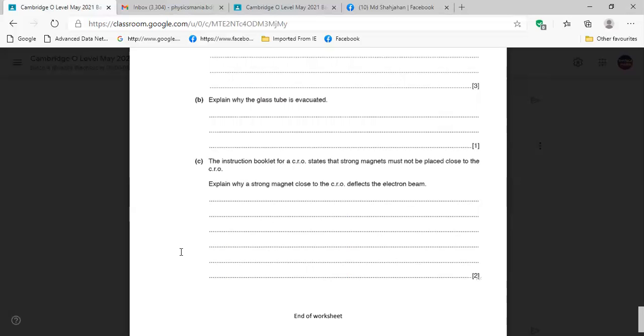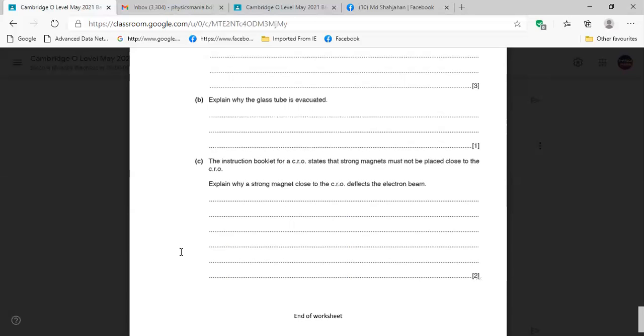If there is a strong magnet close to the CRO, then the electron beams are negatively charged, right? And the flow of electrons is opposite to the current flow direction. So if you are thinking of Fleming's left hand rule, then current direction, then magnetic field, you must have the force, right?